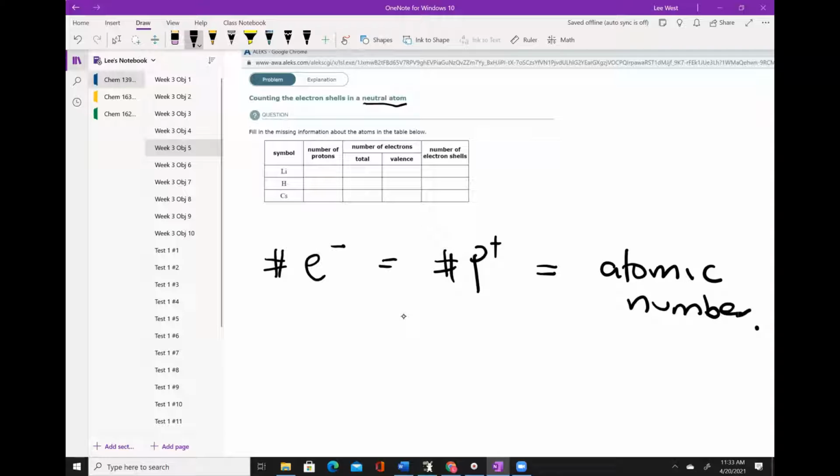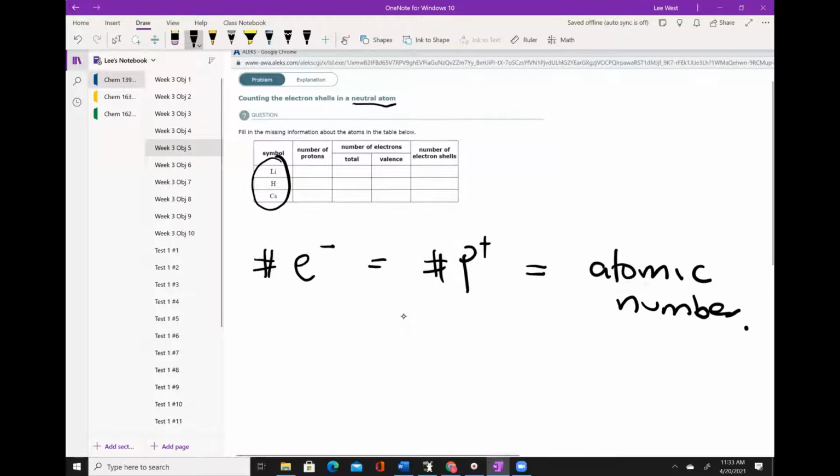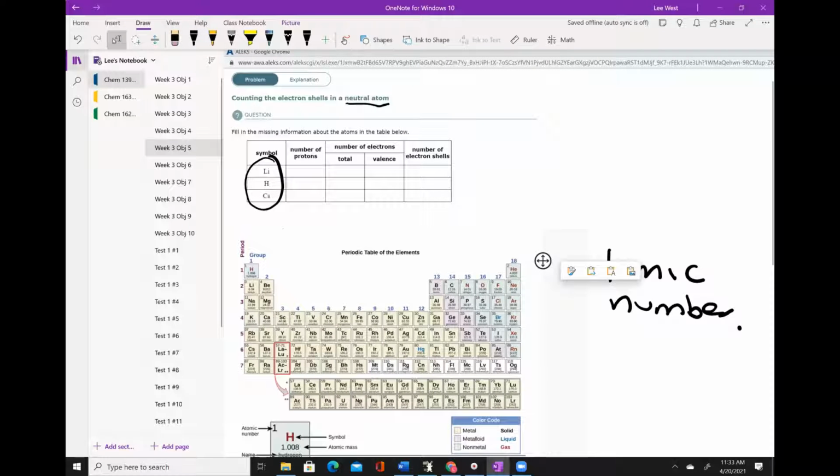Now, getting the number of protons is easy if you have the symbol, because we just have to look up the atomic number, right? So for lithium, it has atomic number 3, which means it's got 3 protons. For hydrogen, it has atomic number 1, so that means it's got 1 proton, and for cesium, it has atomic number 55, so that means it has 55 protons.